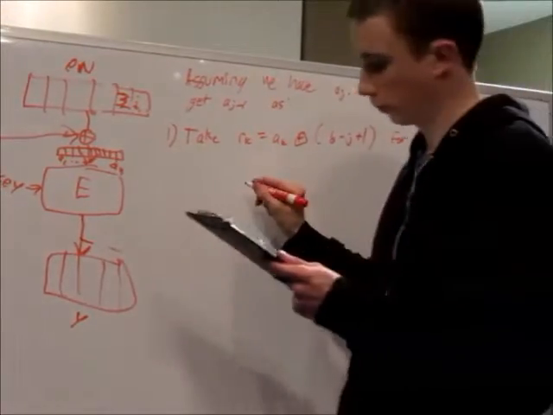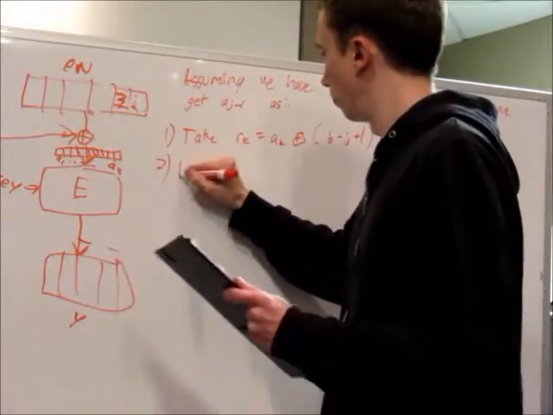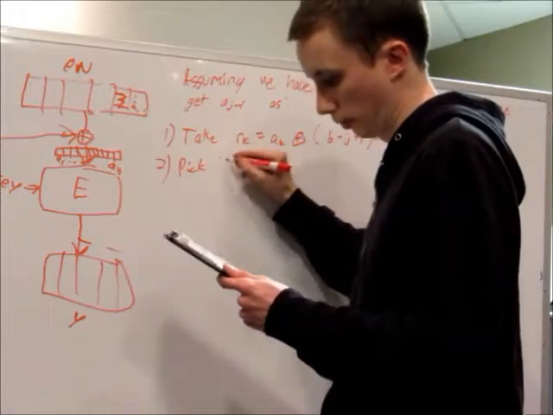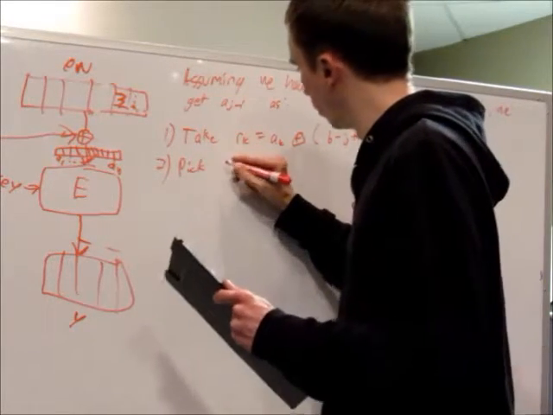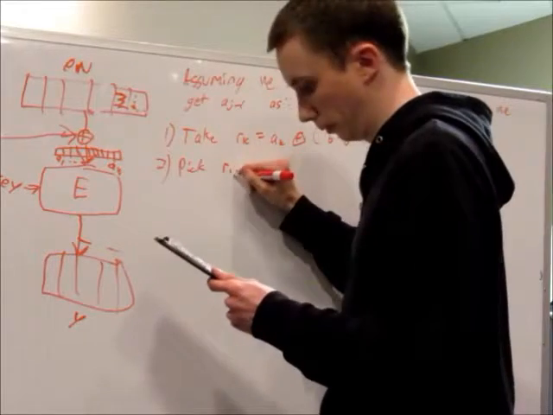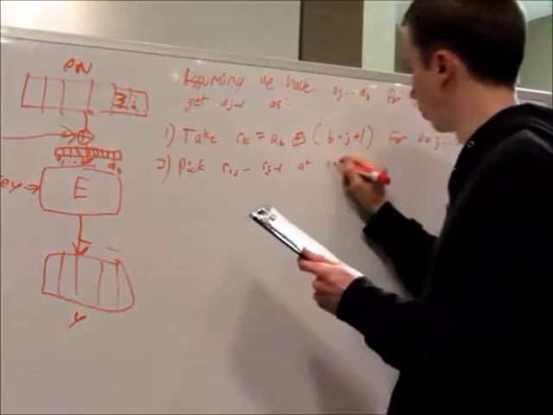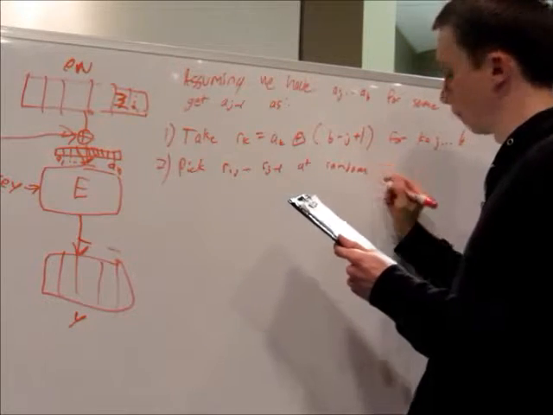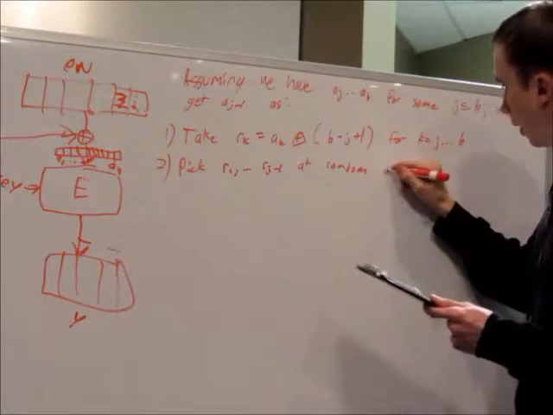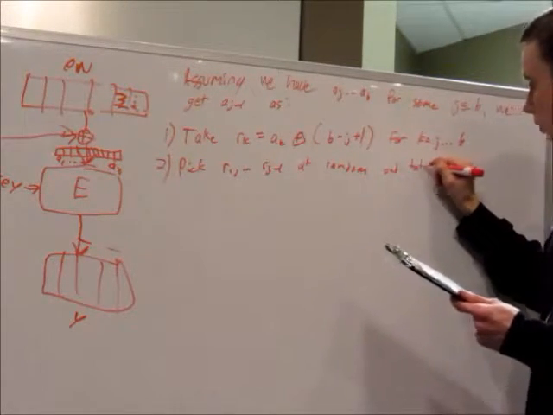And then pick R1 to R_{J-1} at random, and take some value I equal to 0.